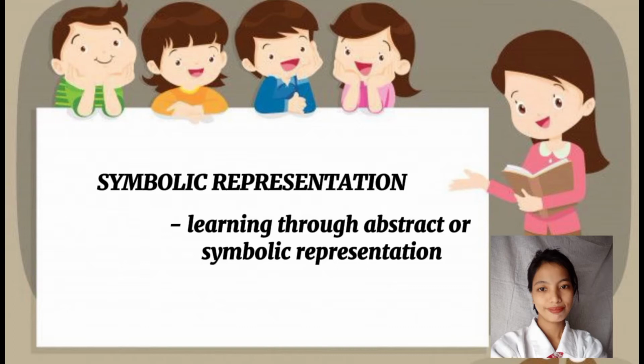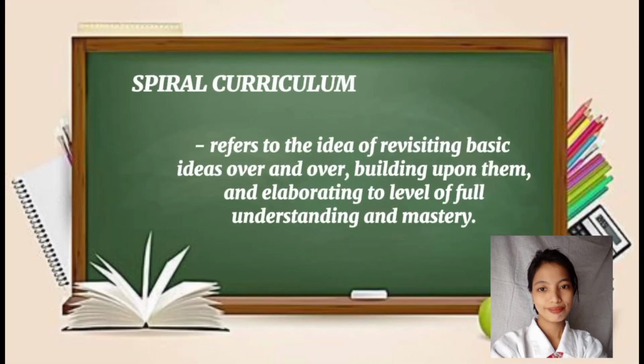Spiral curriculum refers to the idea of revisiting basic ideas over and over, building upon them, and elaborating to the level of full understanding and mastery. In a spiral curriculum, teachers must revisit the curriculum by teaching the same content in different ways depending on the students' developmental levels.